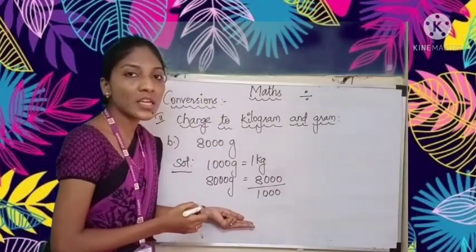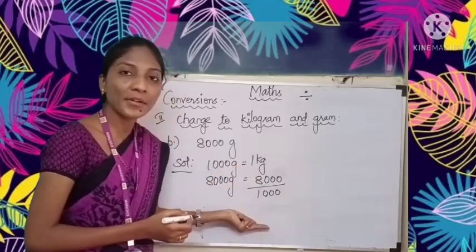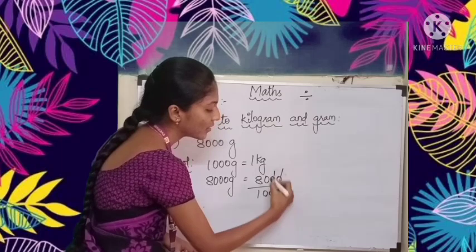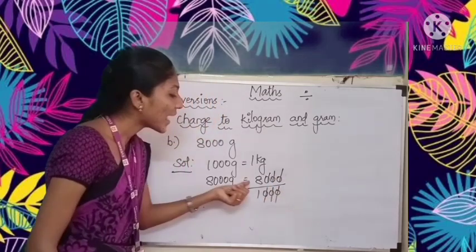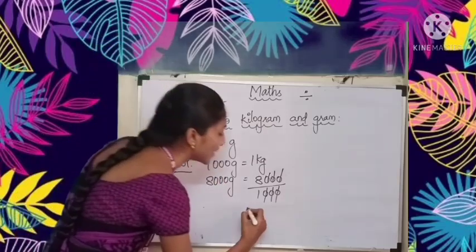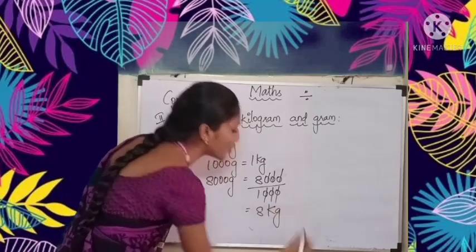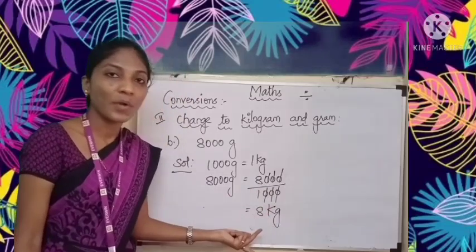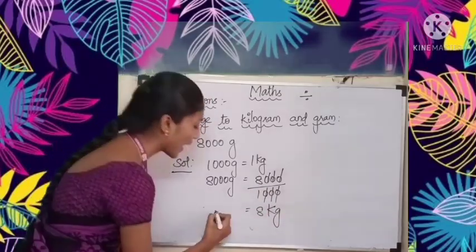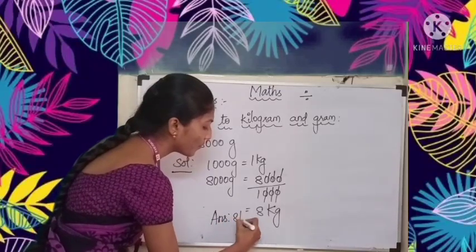Here you can see zeros both in the numerator and in the denominator, so you can directly cancel them. If you cancel, you will get 8 divided by 1. 8 divided by 1 is 8. So 8 kg. There is no gram, so no need to mention the gram. The answer is 8 kg.